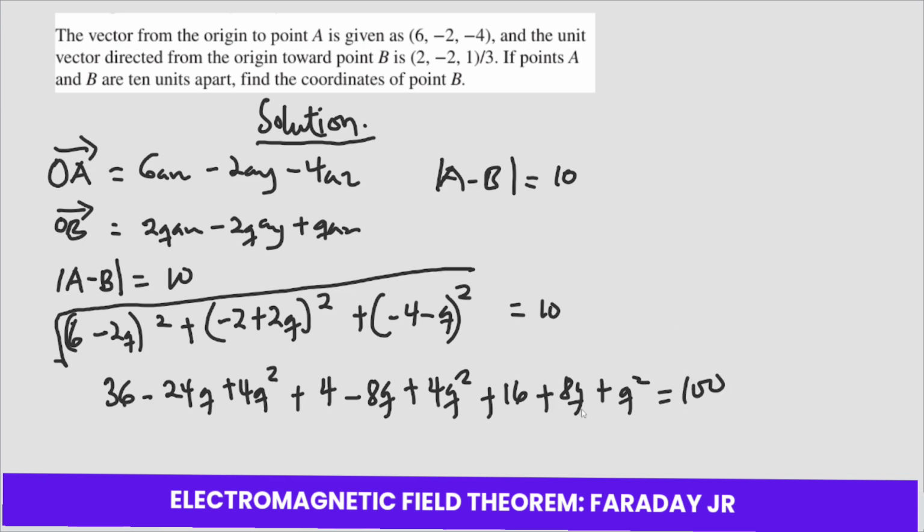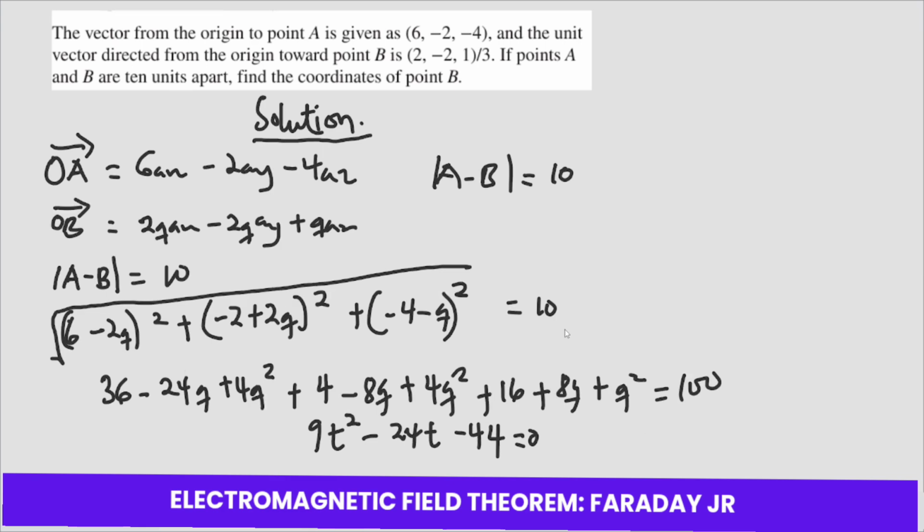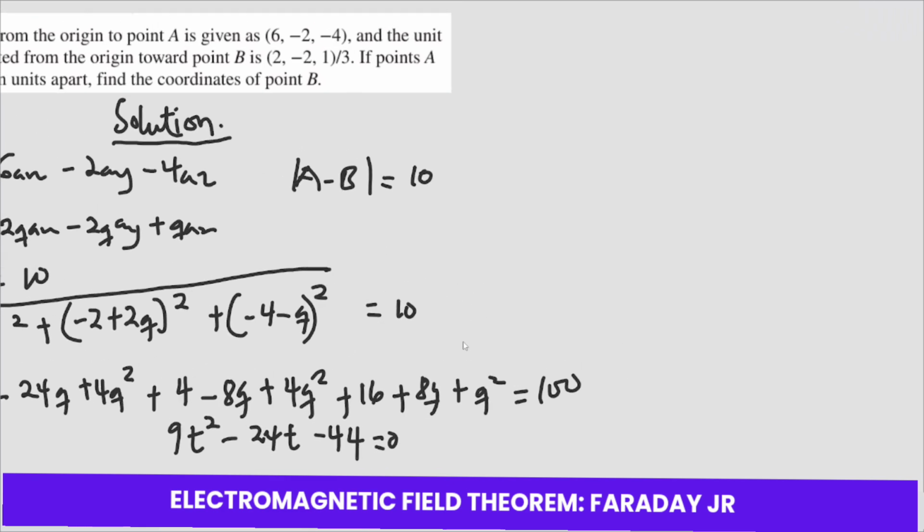So after computing this whole thing, we'll end up getting a quadratic in the form 9q squared minus 24q minus 44, which is equal to 0.